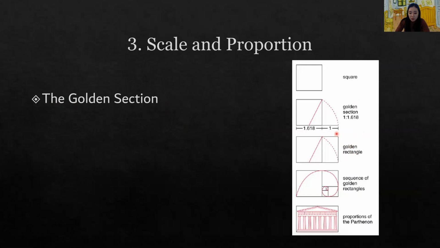The golden section is a unique ratio of a line divided into two segments, so that the sum of both segments is to the longer segment as the longer segment is to the shorter segment. You can keep creating the same ratio in this golden section. So the result is 1 to 1.618.